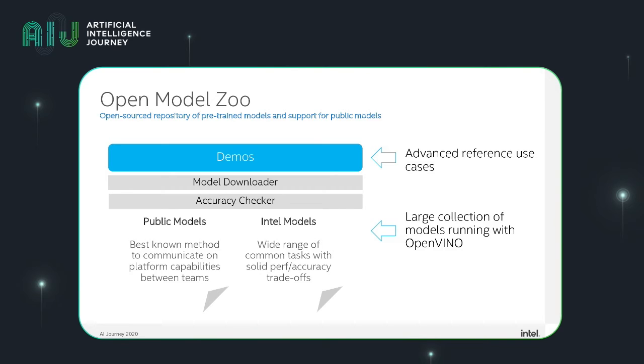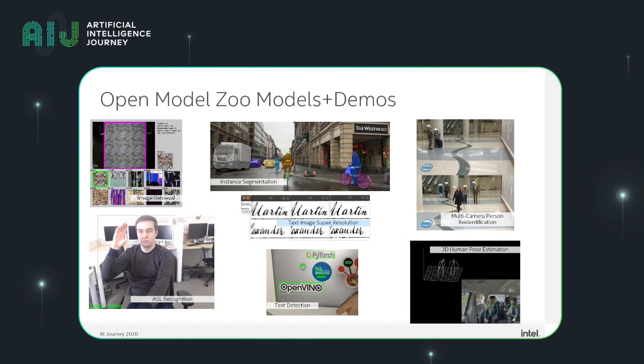For you to better understand how to use them, we provide a demo with each of the models. Open Model Zoo has become so big now that it's not good to put it into the whole package, but you can load it using the model downloader and verify the accuracy using your data with the accuracy checker. And here I showed several examples of our models, and those are screenshots from demos.